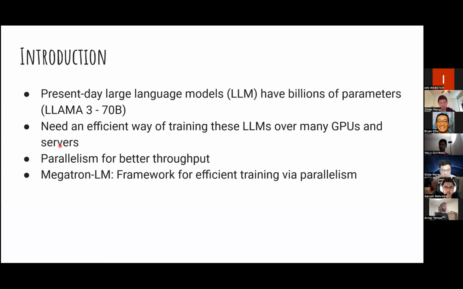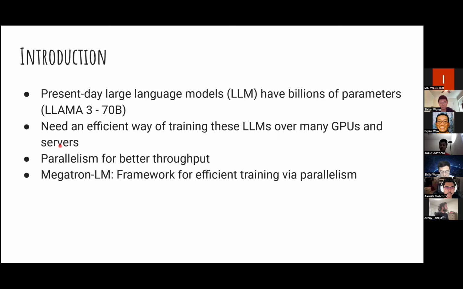Thus, this introduces a lot of intercommunication between these hardware devices, and that could potentially slow down the training by a lot. So there needs to be a way to efficiently organize how this hardware interacts for best performance. This is where Megatron LM comes in.